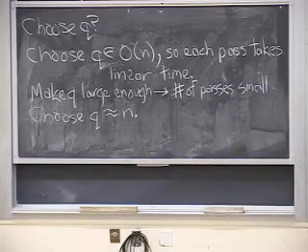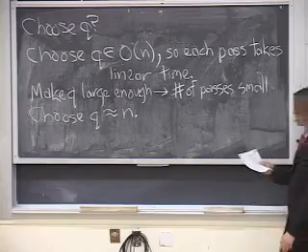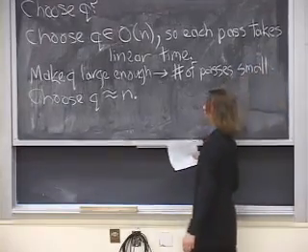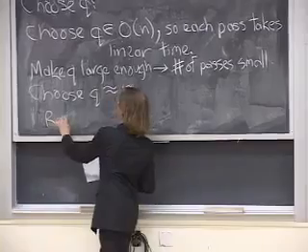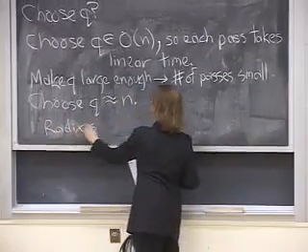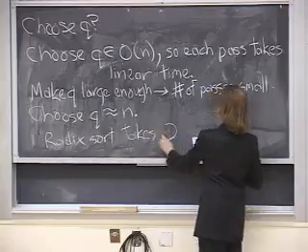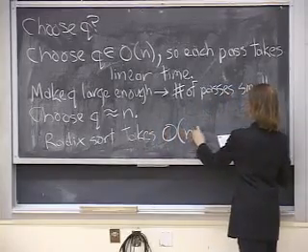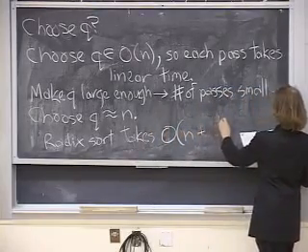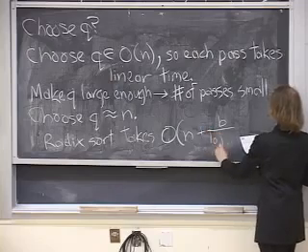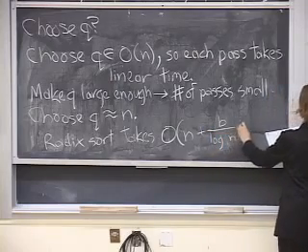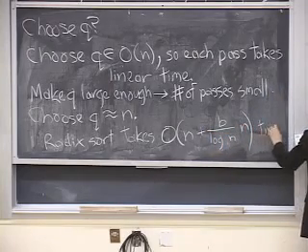So if we make a choice where Q is proportional to n within a constant factor, then now radix sort takes big O of n plus b over log n times n time.